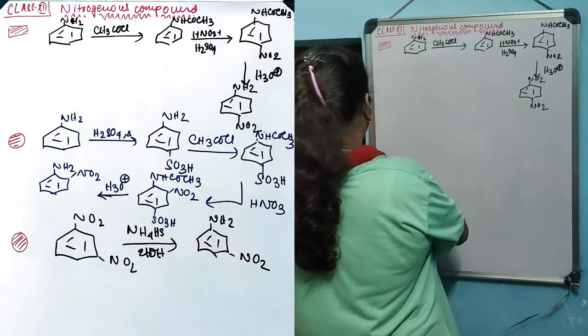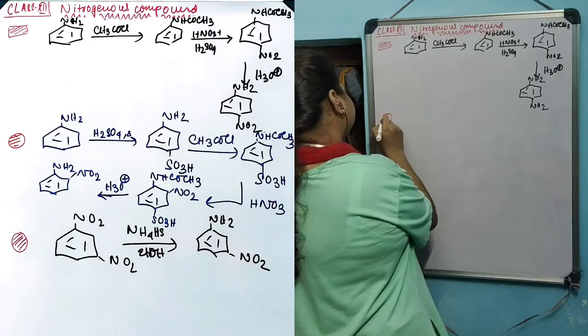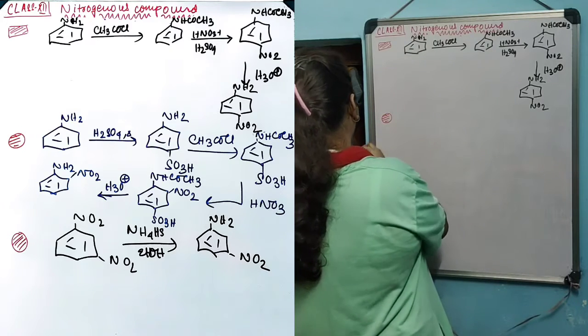To produce ortho-nitroaniline, we need to use the blocking method.